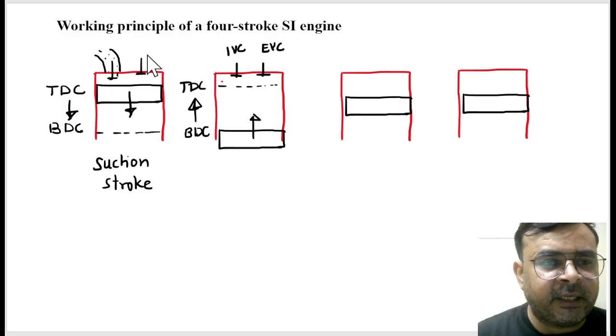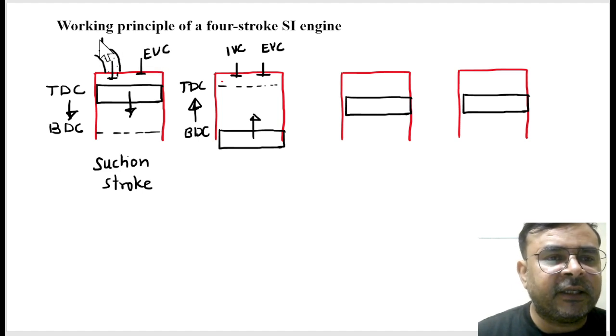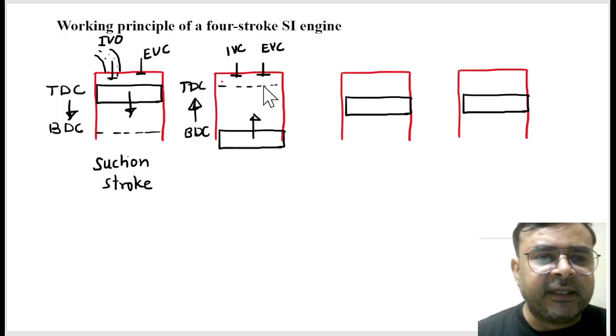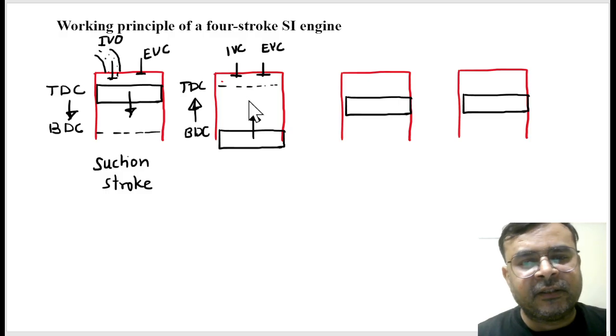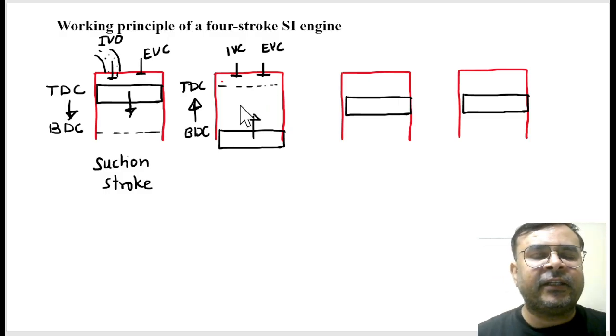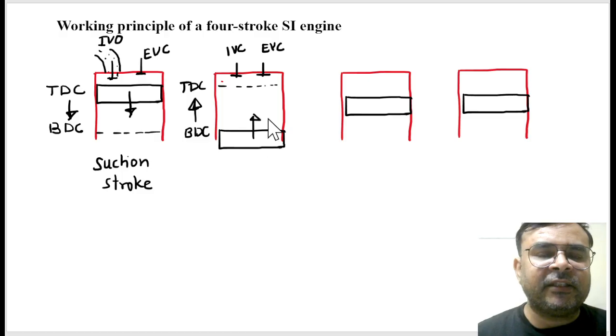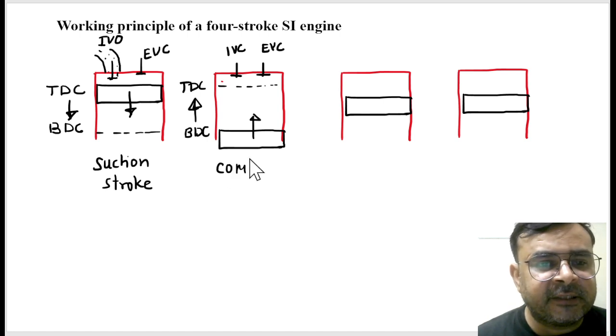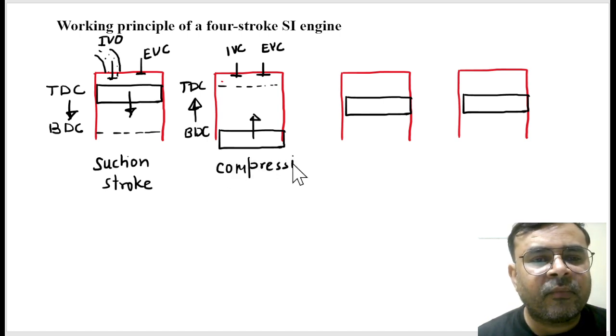When both valves are closed and your piston is approaching TDC from BDC, the charge inside the cylinder moves towards the top surface, and hence its volume decreases, and along with this decreased volume, the pressure increases. So this process is called compression stroke.